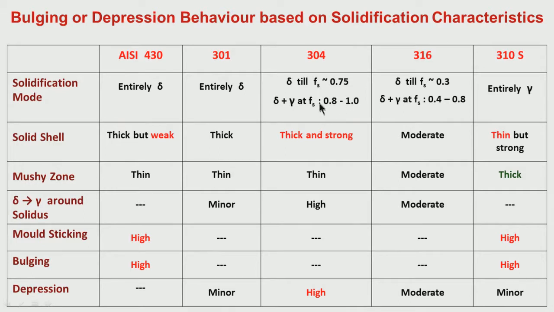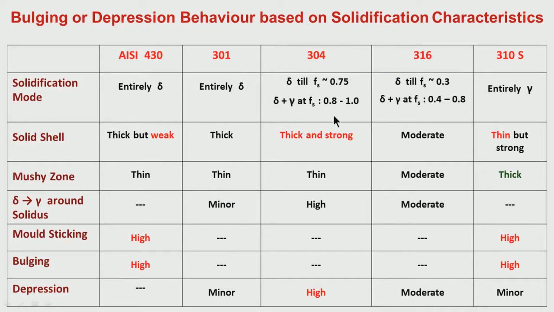304. This delta to gamma, you see, delta is present till around 0.75, and delta to gamma for 304 is taking place mostly in this temperature region.